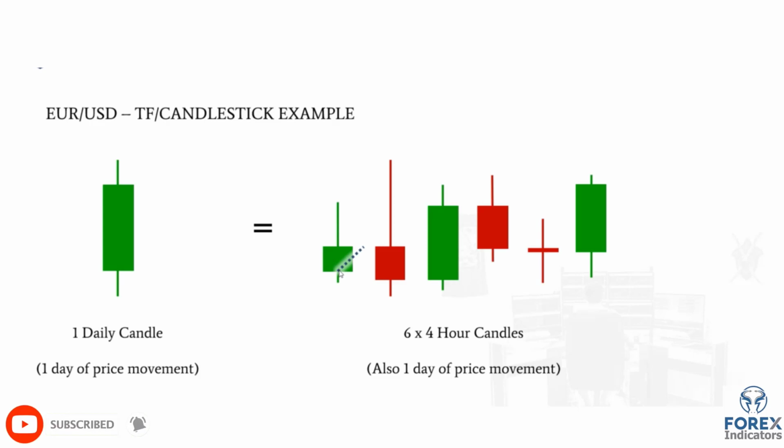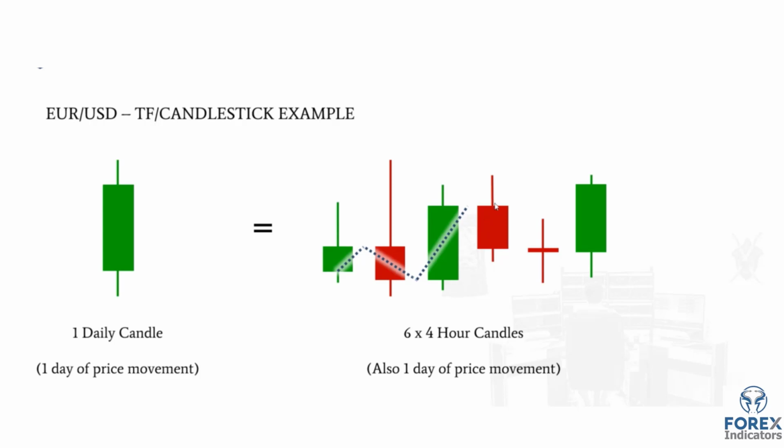Just to show you, the first 4-hour candle in this series, which is 6 times 4, 24 hours, 1 day of price action, opened here where the daily candle opened, right? It moved within this price range and closed up here. The next 4-hour candle opened up here, moved within this price range, created the upper and lower wick, and closed down here, so a bearish candle. And so it continues: open here, close up here, bullish candle.